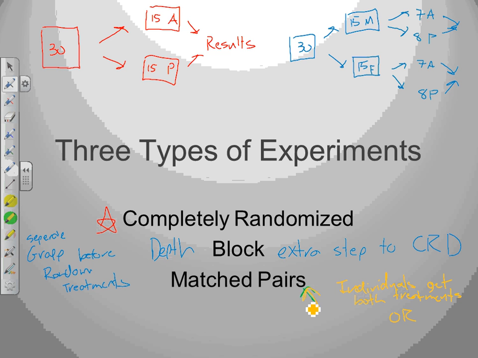Or people who are like the same person. Okay, so same age, height, weight, people who are like really, really close to being the same person, or at least the same in a specific type of way. We then treat those as the same person. We'll give one of them the treatment, one of them placebo.